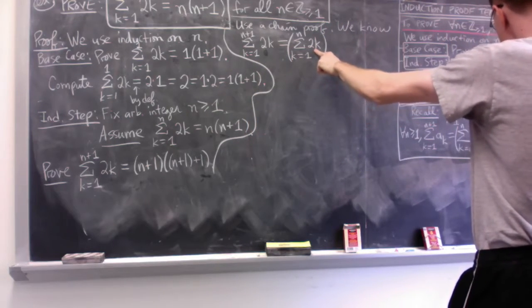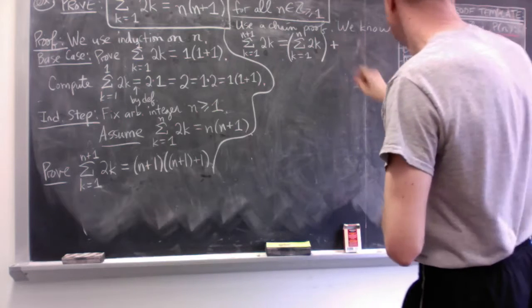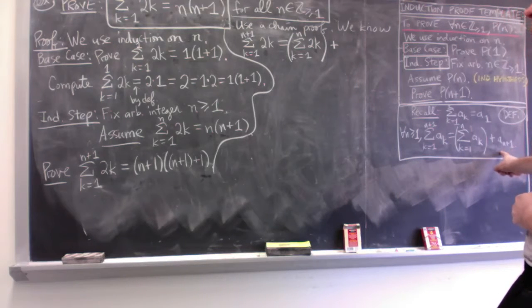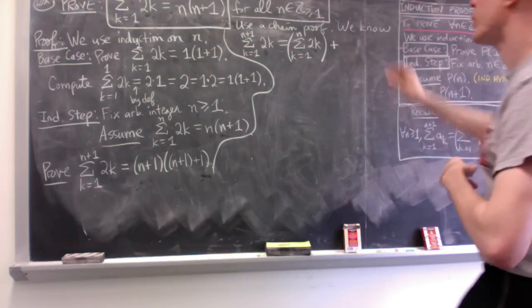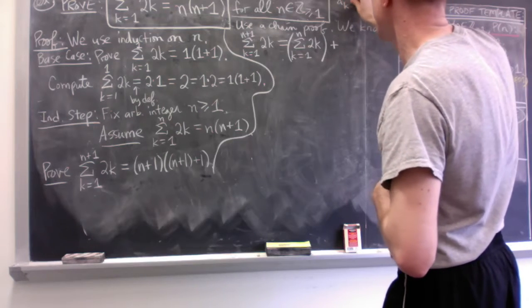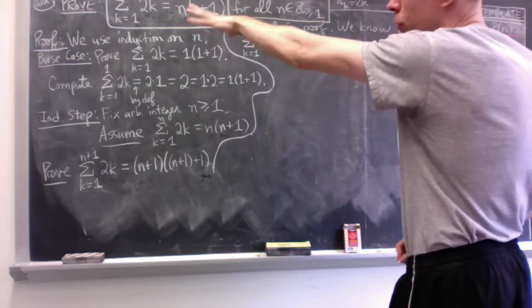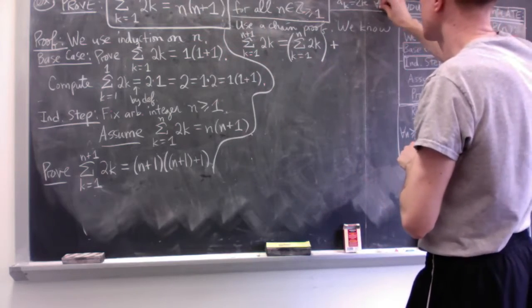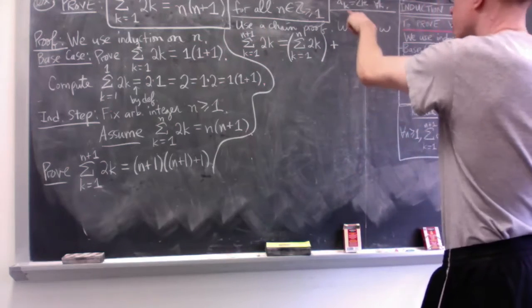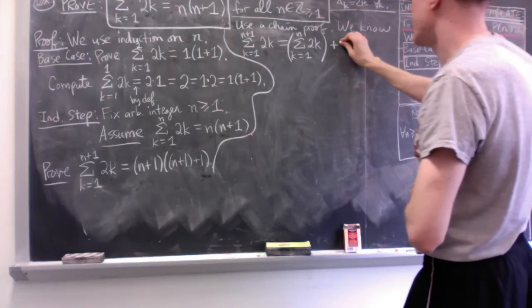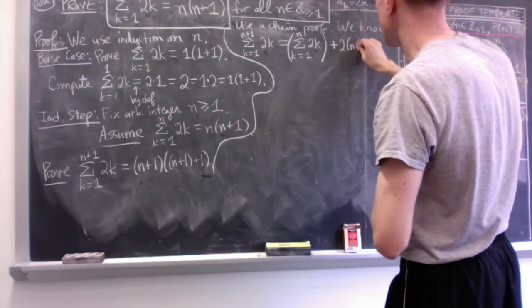But then we have to add in a sub n plus 1. Okay, and I guess I just erased it. So a sub k was 2k in this situation for any choice of k. This is for all k. So replacing, with n plus 1, k is n plus 1. So the thing that gets added in is 2 times n plus 1.